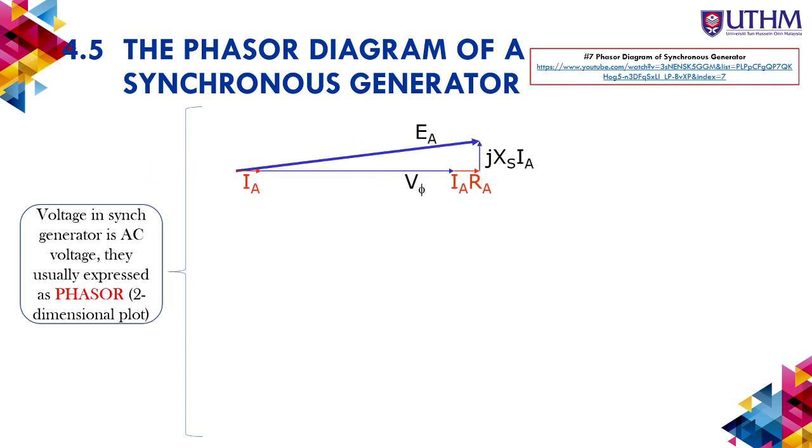So this is the phasor diagram. So phasor diagram of the synchronous generator. So yeah, we know that EA, when there is a load, V phase normally is less than EA. So when V phase is less than EA, you can look over here, the phasor diagram is also affected. So nampak ni, the V phase is shorter compared to the EA.